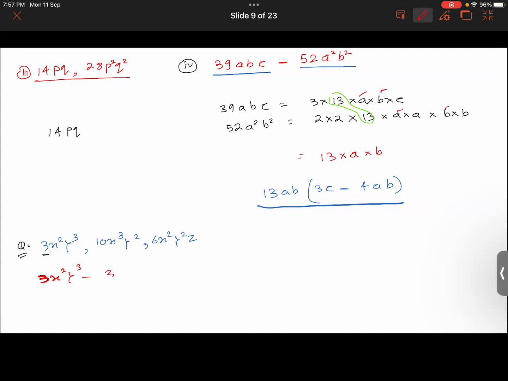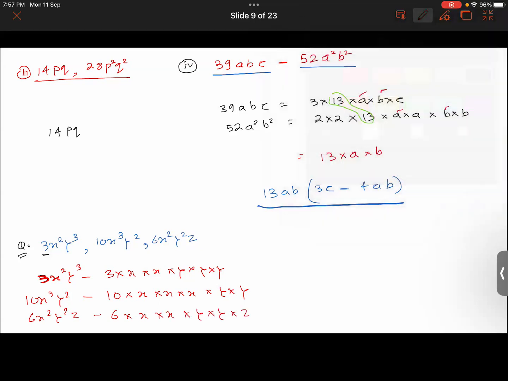So it was 3 into x into x into y 3 times, then 10x cube y square. No need to break 10 since there won't be any common terms. Then y into y, then 6x square y square z, that is 6 into x into x into y into y into z, right?